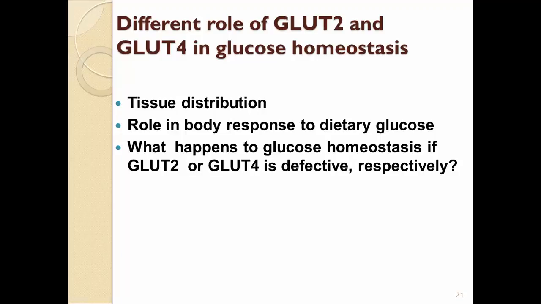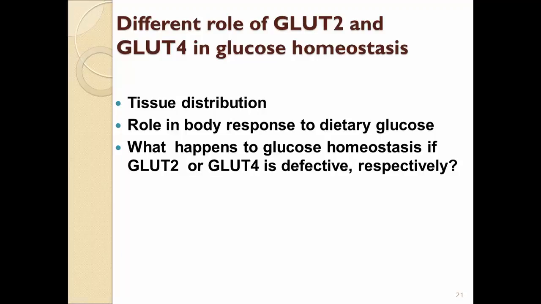Yes, glycogen synthesis, right? In the fed condition, we want to store energy, so we convert glucose to glycogen. Glucose is basically synthesized to glycogen in the liver under fed condition.